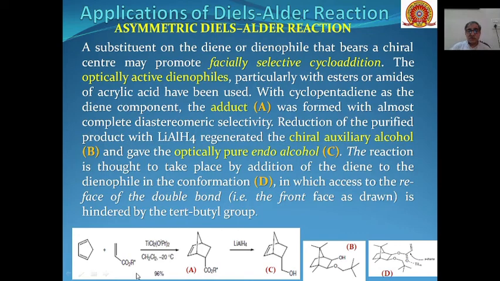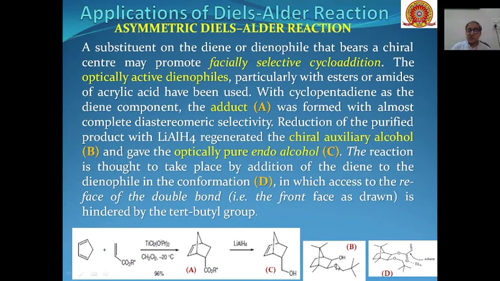So this is cyclopentadiene, and this reacted with this dienophile. Here R is formed from this chiral alcohol.